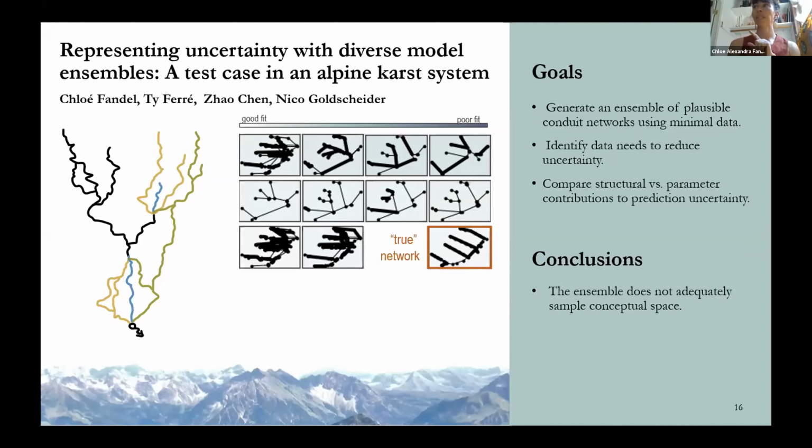So this is for the best parameter set, how well it fit the data, and they all did a fairly decent job. So if you were to try to identify which network was closest to the true network just based on the fit of the predicted spring discharge to the observed spring discharge, you would not be able to tell.